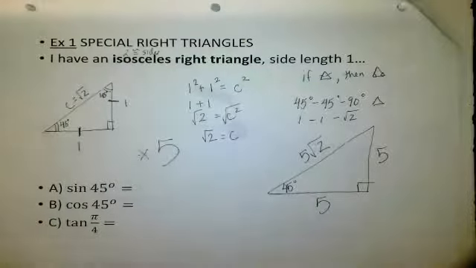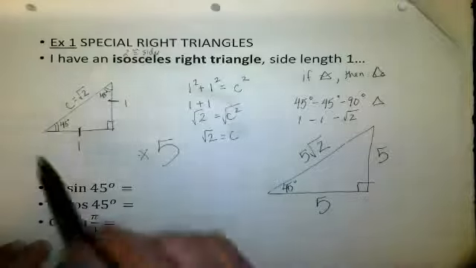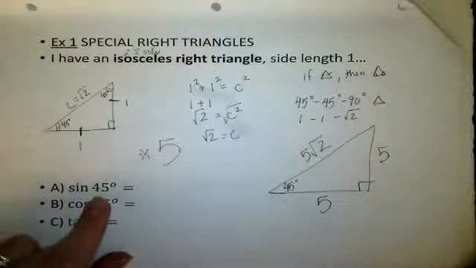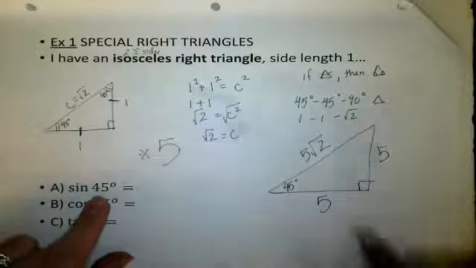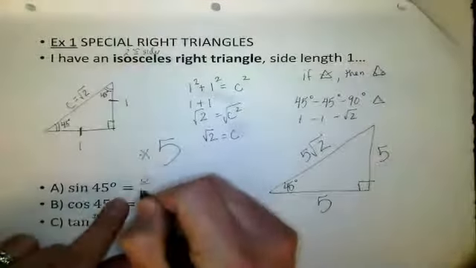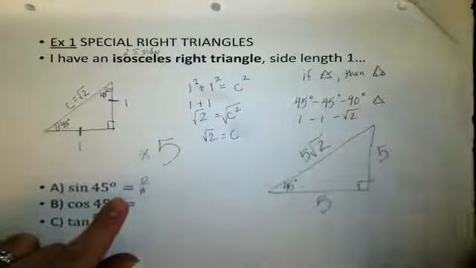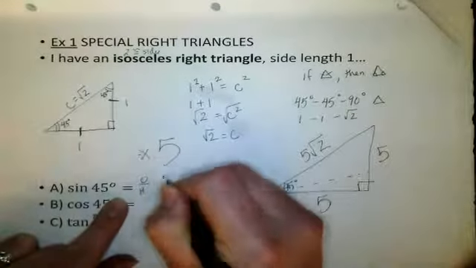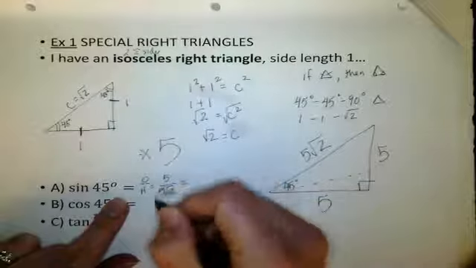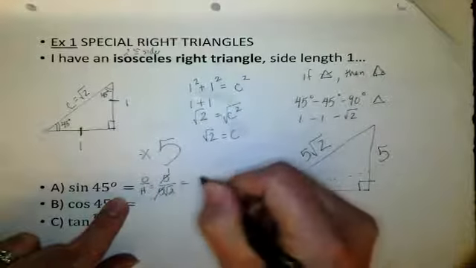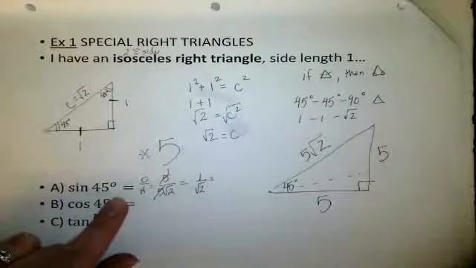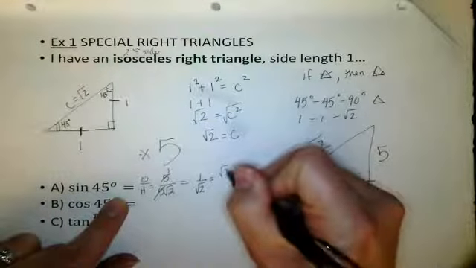Now, no matter what triangle I'm looking at, what is the sine ratio according to the 45-degree angle? Opposite over hypotenuse. So opposite would be 5 over 5 radical 2. And those 5s reduce to 1 over radical 2, which you would rationalize to radical 2 over 2.